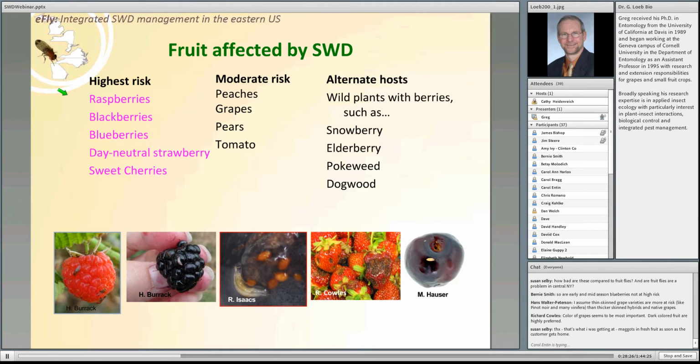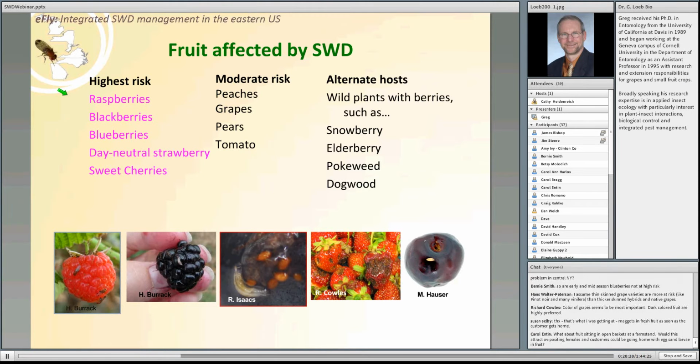I'm going to look over the questions here because they're coming in, which is great. Hans has indicated that he assumes thin-skinned grape varieties are more at risk, like Pinot Noir or many vinifera, than thicker-skinned hybrids and native grapes. That's probably true, Hans, but I'm not aware of any specific data that's tested and shown a big difference.